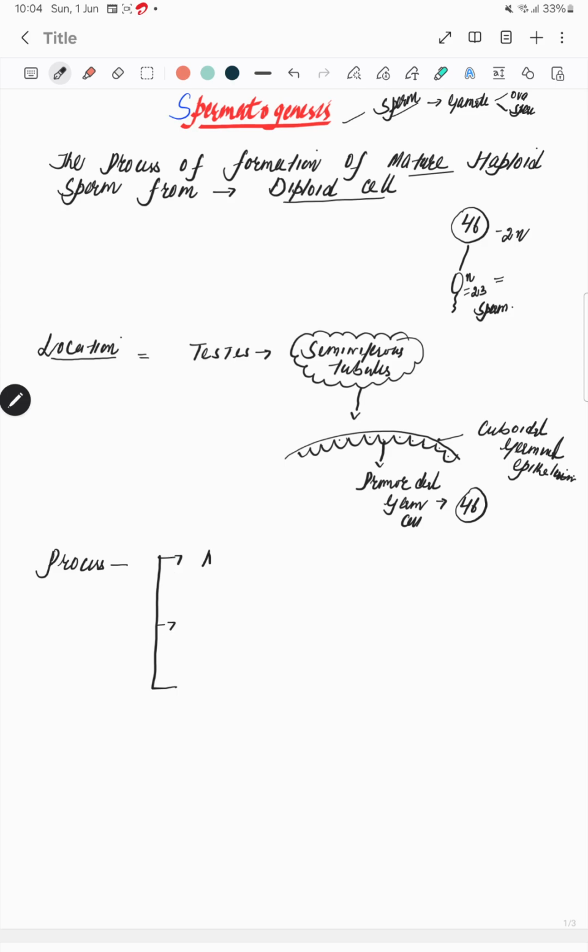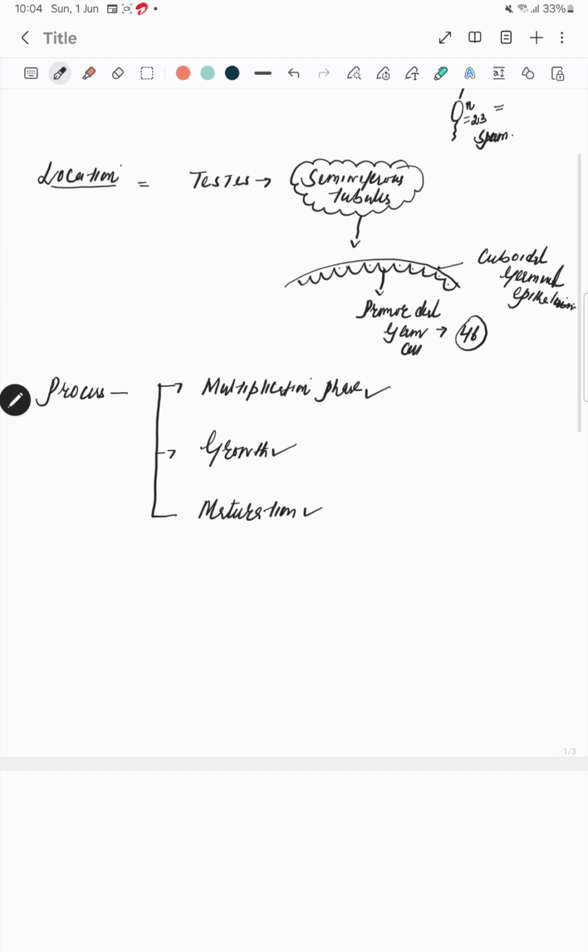Number one is the multiplication phase, second is the growth phase, and third is the maturation phase. So the sperm formation occurs through three phases. After that, sperm formation is completed.